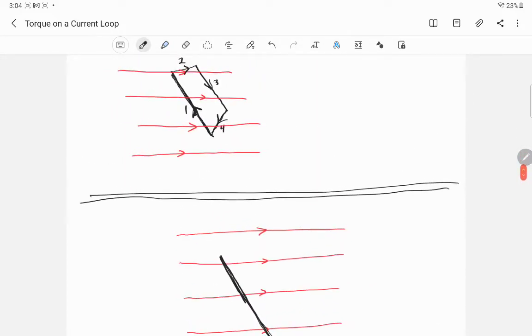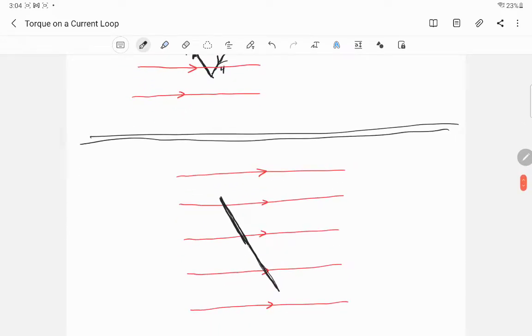I'm going to say that the current on side 1, which is the side you can see, is upwards. The current down here along side number 4 is out of the screen. And the current at the top along side number 2 is into the screen, right? So you use these X's and dots.